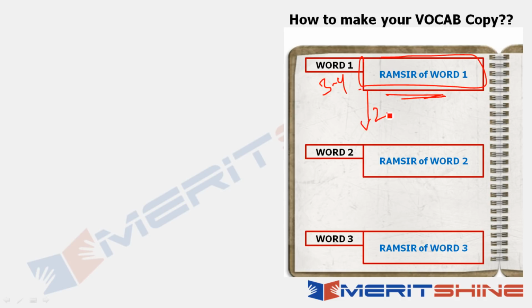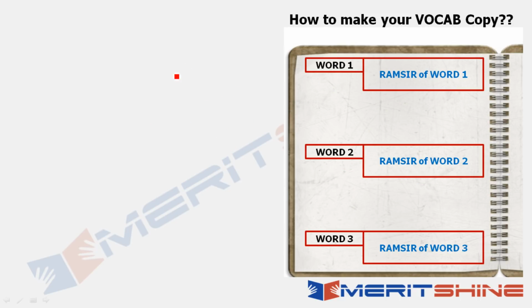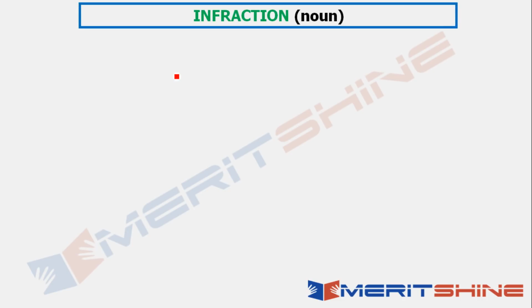Then 2 to 3 lines gap, and then we'll move on to word 2, and then 3 to 4 lines of RAMSIR, again 2 to 3 lines gap, and next word. So in one page you will have at the max 3 to 4 words and their RAMSIR, not more than that, right? Okay, chalo. So let's move on to the first word and the first hero of today.